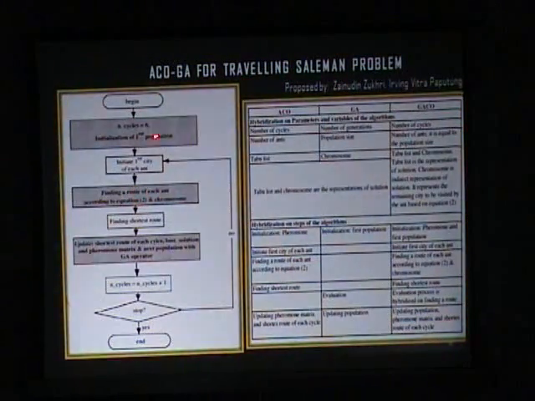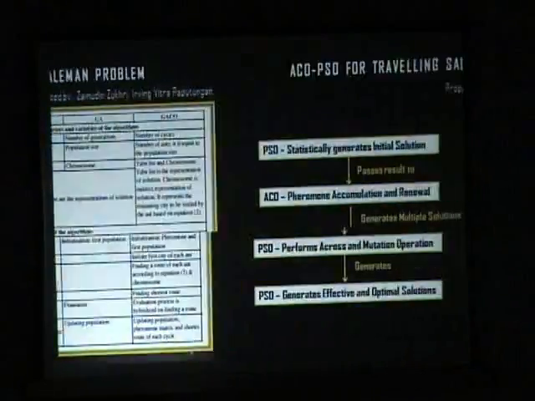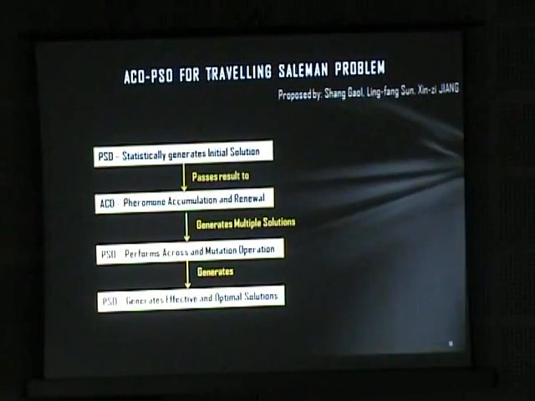Whatever is written in the shaded boxes is GA, and whatever is there in the white boxes is the implementation of ACO. So they've also mixed up both the algorithms in order to create better solutions for the traveling salesman problem. The last one studied was ACO and PSO.